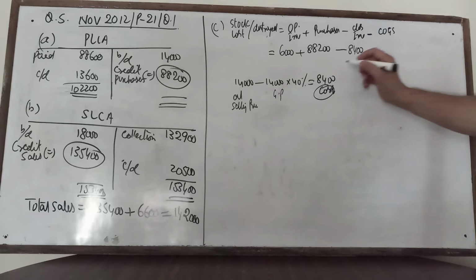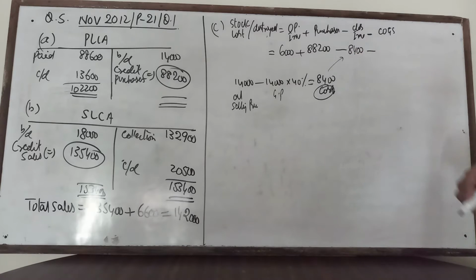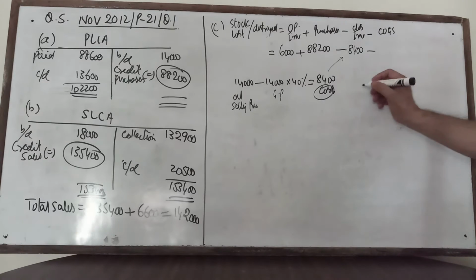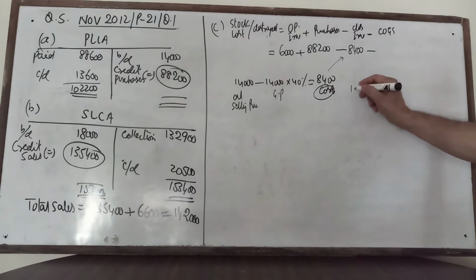And similarly, we have already calculated the sales figure in requirement B. Sales is 142,000, right?